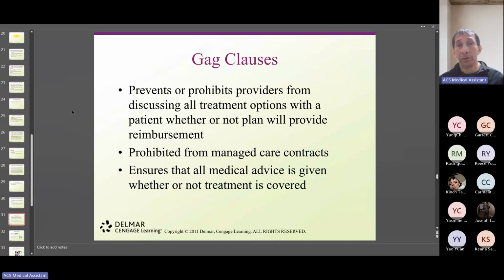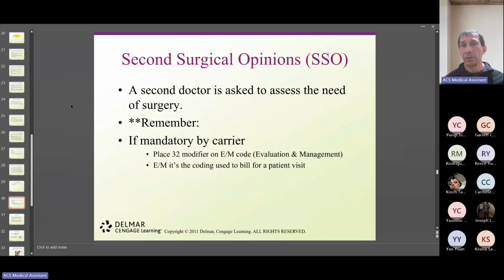Any questions about these second surgical opinions? Remember, this is mostly for surgical procedures, not, once again, because you have the flu or because you have diarrhea. No, that's not something that qualifies for it. It's a surgical procedure.